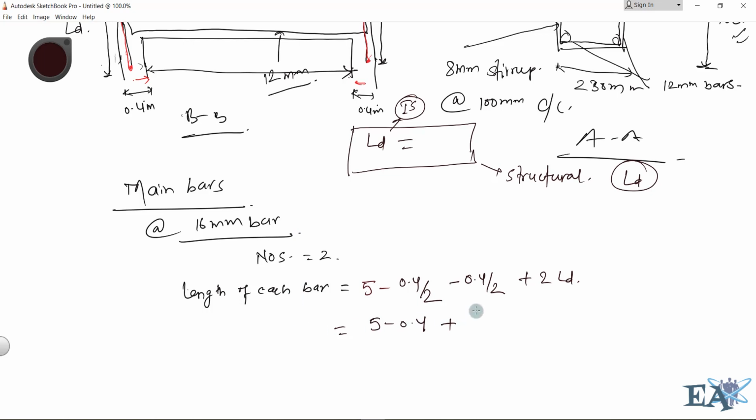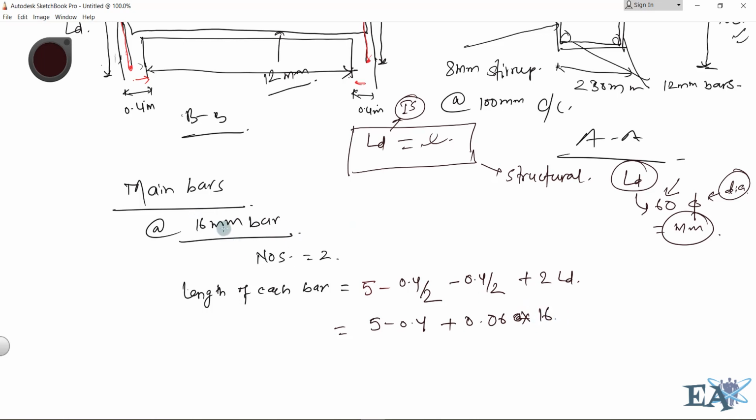So I'll take LD as 60 phi, where 60 is the factor we get from the formula, and phi is the diameter of the bar. This is in mm, and if I convert it to meters, it will be 0.06 phi. Here phi is 16 mm.